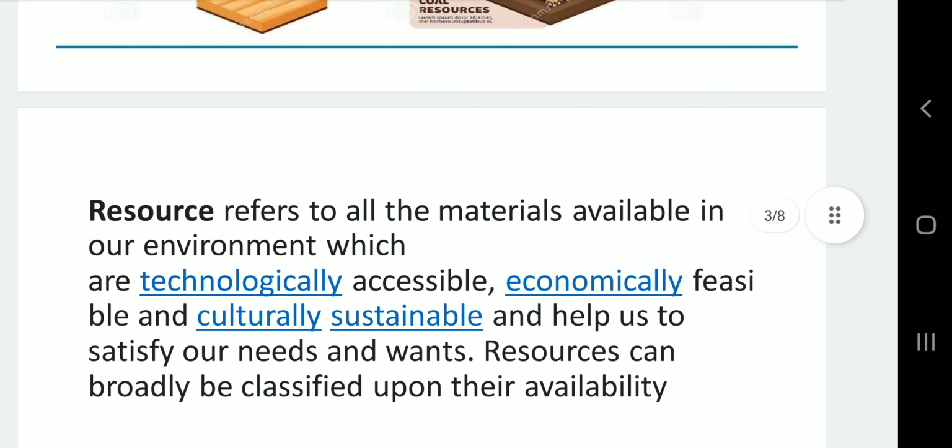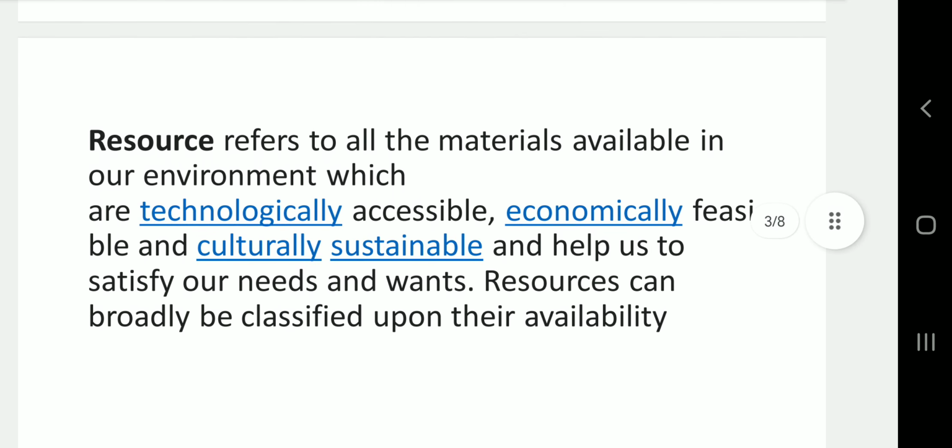To start with, resource refers to all the materials which are available in our environment but have to be technologically accessible. Here, technologically accessible means we should have the technology to access it. For example, in the Stone Age, human civilization was not that advanced.